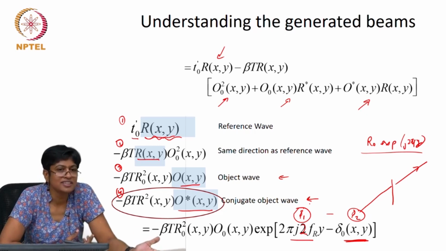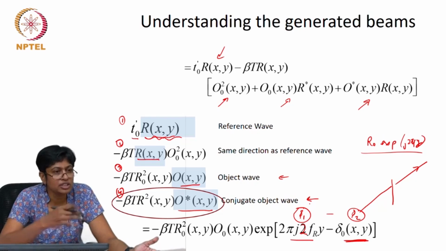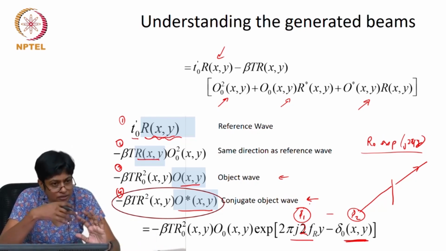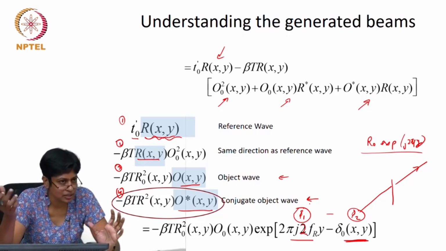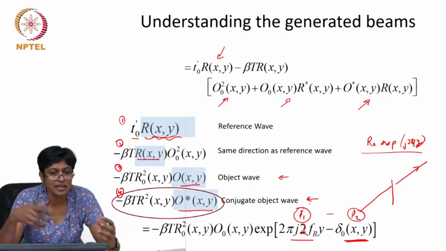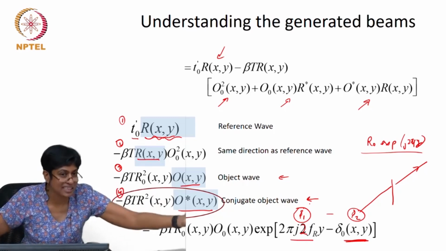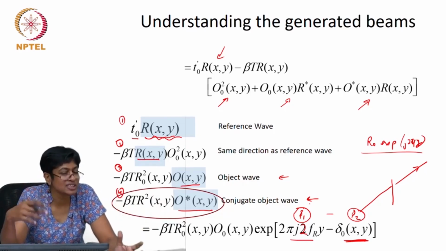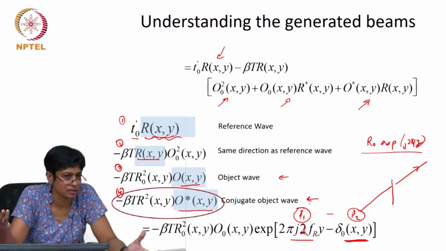You are just changing the direction of the beam, right. If it has the original angle, the beam travels in the same direction and I expect to see it in that same path, on that same axis. But by adding this phase, I have just changed the direction of the object beam.